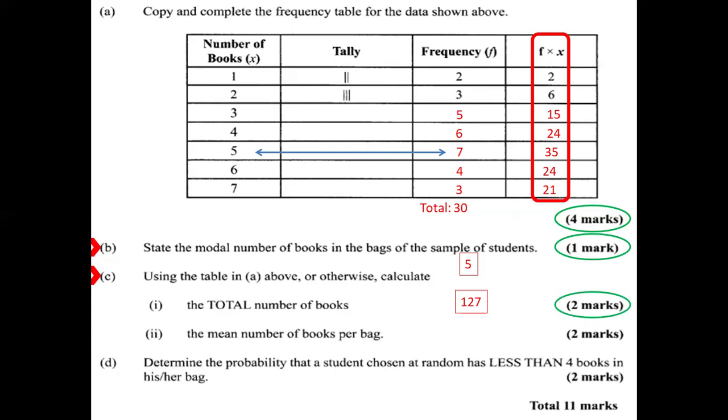And then the subsequent question says, find the mean number of books per bag. Let's not forget that mode is the number that occurs the most, and mean, the same thing we call average, even though all three types are measures of averages, is when you divide the total by the number of the frequency. The answer is 4 here.